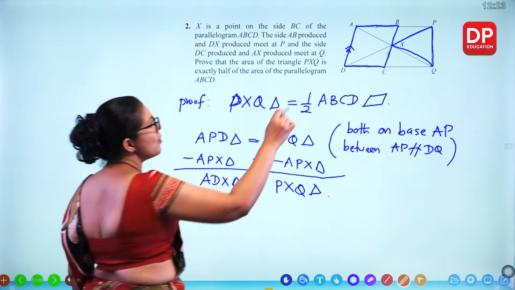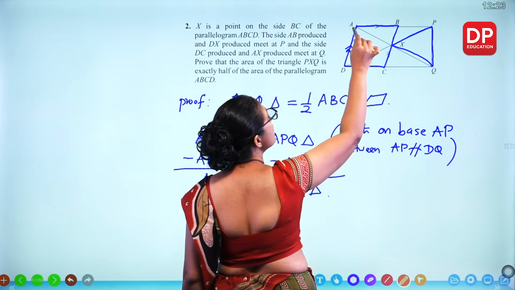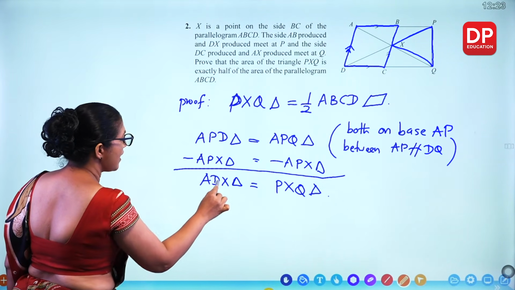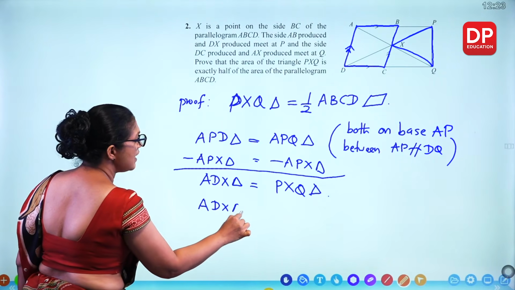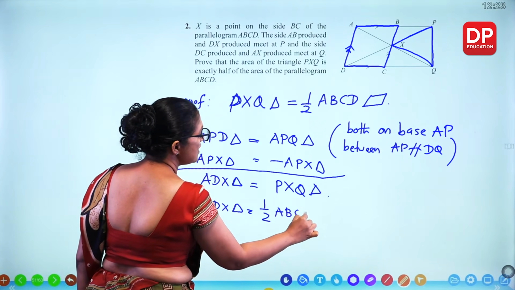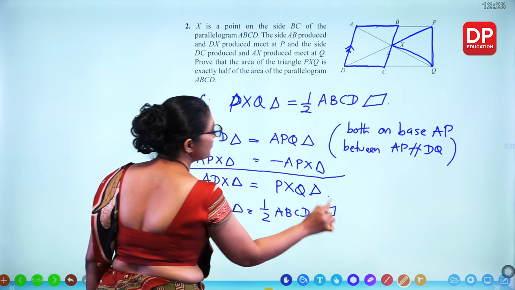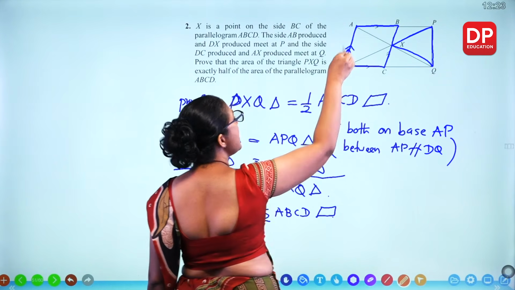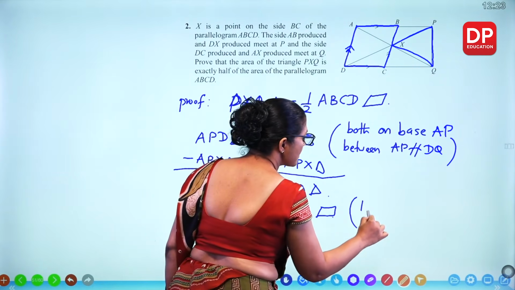But we know when you take this triangle, I can write AXD triangle or ADX triangle is half of ABCD parallelogram because it lies in between these two parallel lines and AD is the same base.